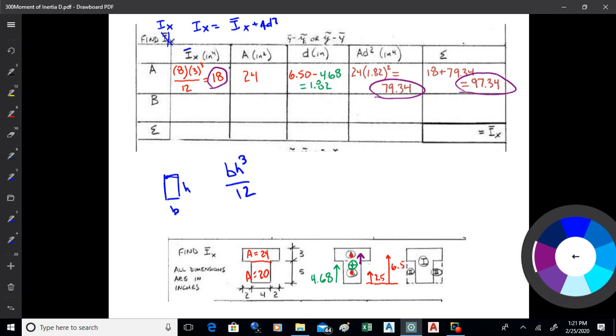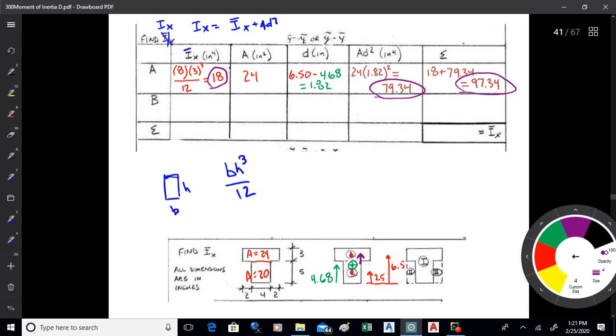So BH cubed over 12, straightforward enough, I think. The area we've already got, get that distance from the neutral axis to the centroid. It's going to be down, that's what it's going to be. So the neutral axis of the beam is right there.